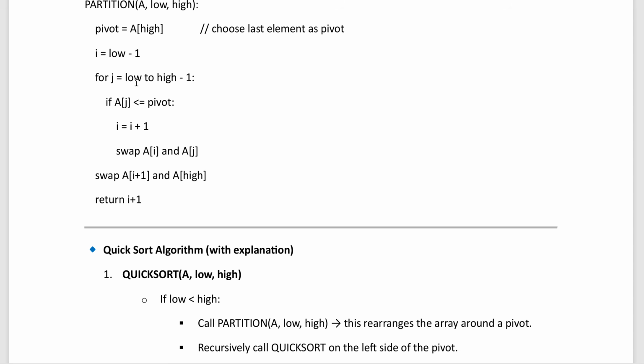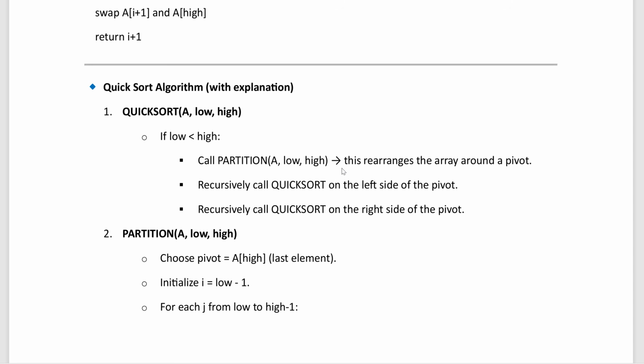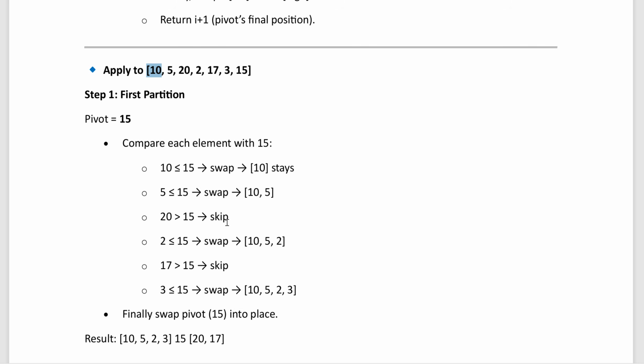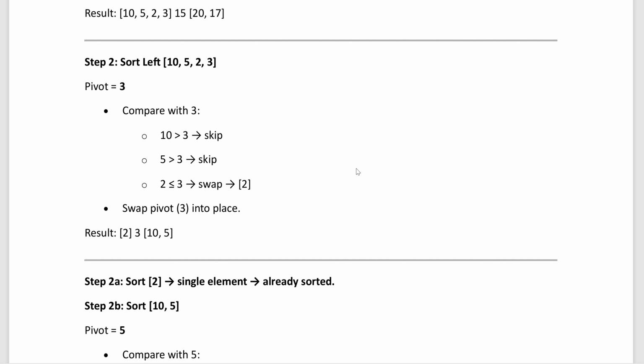The value of j is low, that is A[j], and i will be low minus 1. Finally, swap pivot 15 into place. The result will be 10.